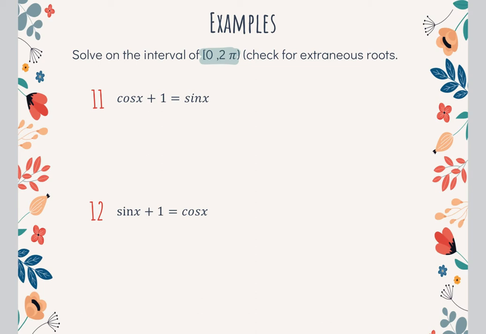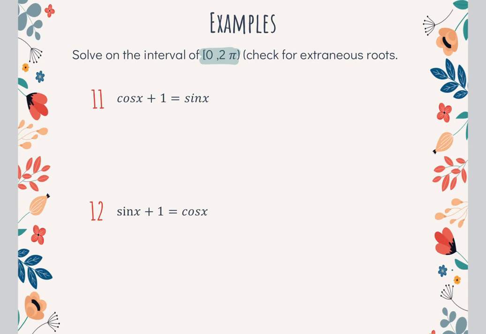The other thing is, these are very different in how we're about to do them, and because we do them a specific way, we have to check for extraneous roots, which means we have to take the answers and plug them back in. Sometimes they may not work, okay? The reason these are different is that if you look at it as is, you obviously cannot solve it. There are 2 different trig functions there, and they are not squared, right?